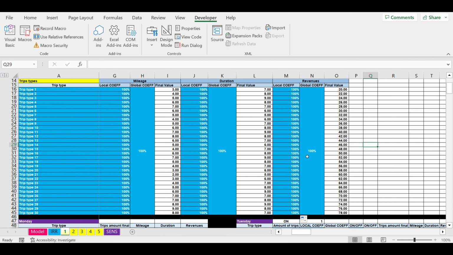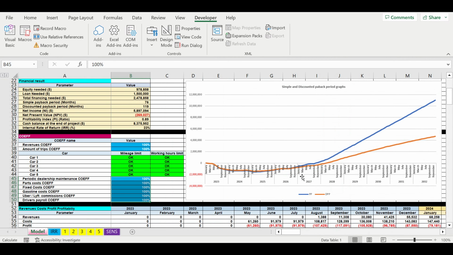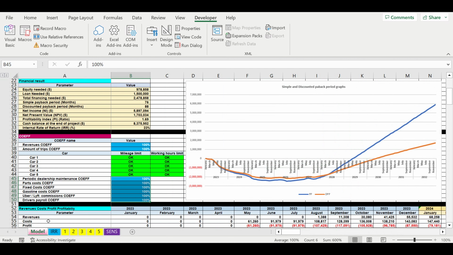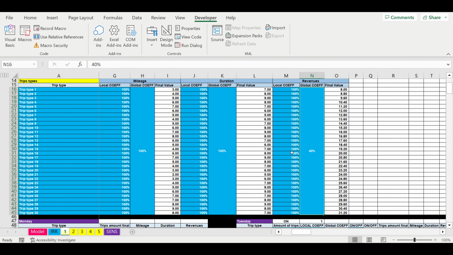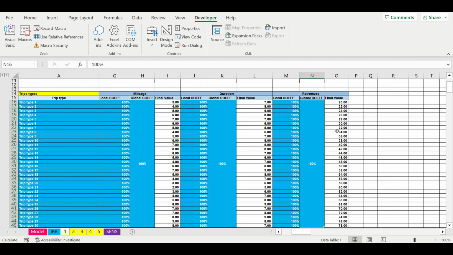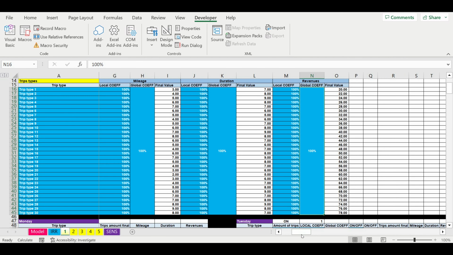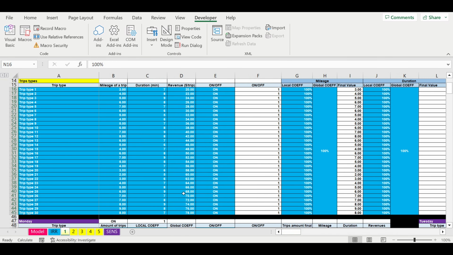So, for example, we can decrease the revenues and take, for example, 40% of revenues from the car number 1. This system of coefficients will help us to understand how our business idea breathes better.